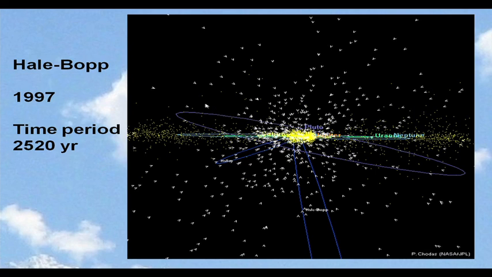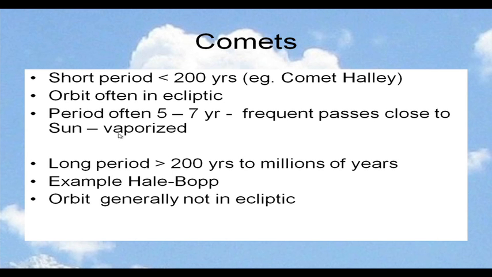The orbit of Halley is not very far away from the plane in which the Earth and the other planets move around the Sun. Well, it is inclined, but not very inclined. And there are short period comets which have periods in the range 5 to 7 years, and such comets frequently pass close to the Sun, and these frequent passes completely vaporize these comets.